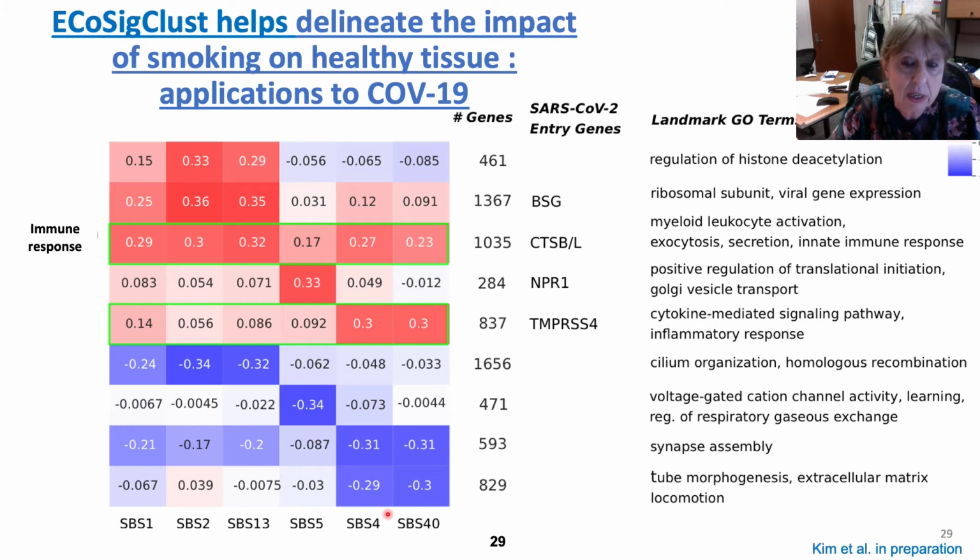So although we measure the strength of the signature in cancer, we can understand how much exposure the person had, and we can look at how that exposure to smoking influences the expression of genes in the control healthy tissue. What we observe is that the exposure to smoking causes the activation of the cytokine-mediated signaling pathway.